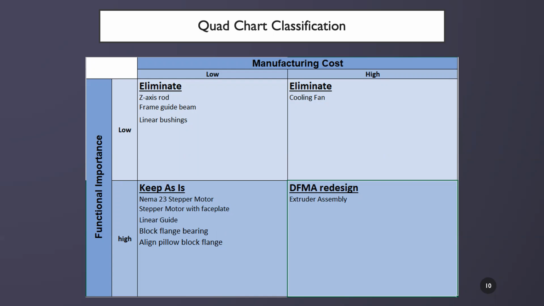You'll see the Z-axis rod, frame guide beam, the linear bushings, and the cooling fan will be eliminated. We will keep as is the NEMA 23 stepper motor, the stepper motor with the face plate across the top, the linear guide block flange bearing, and the aligned pillow block flange. And then we will be redesigning the extruder assembly with DfMA.